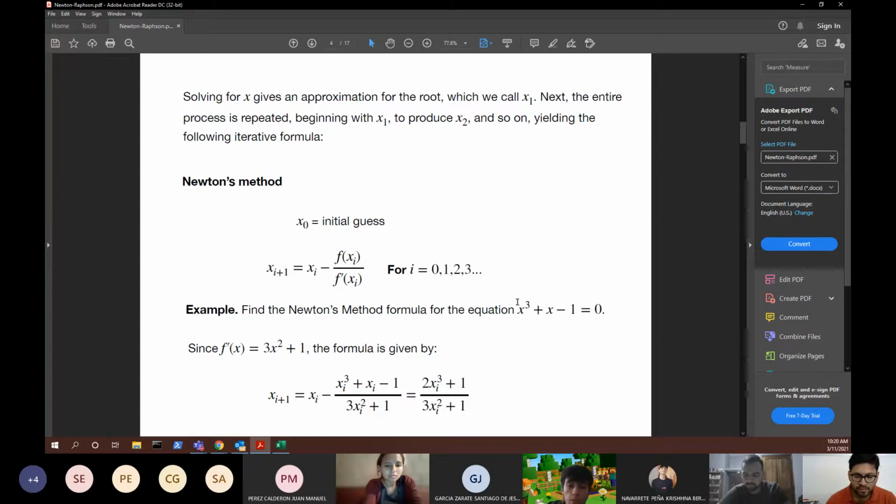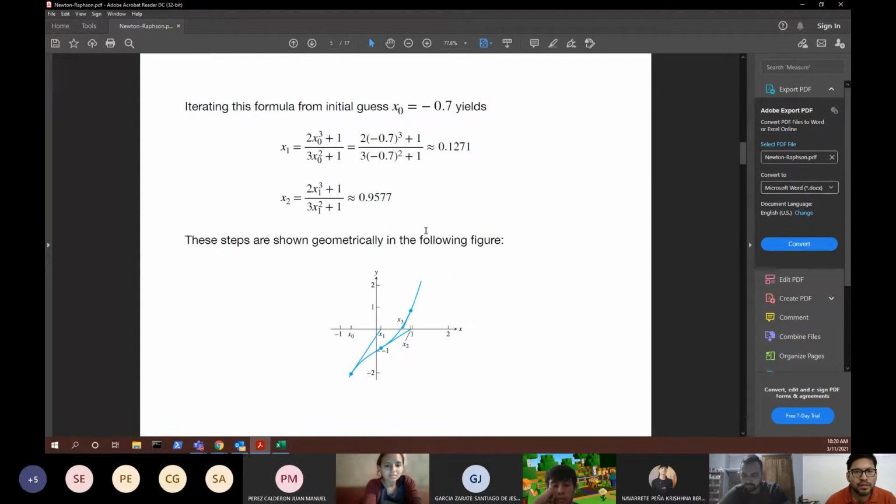Okay, so in general, we move to the next slide, and using this equation, we compute for the initial value. For example, x0, let's just suppose this is a guess, remember. We're guessing, so it's equal to minus 0.7, and if we substitute minus 0.7 in this equation, we obtain x1 approximately equal to 0.1271.